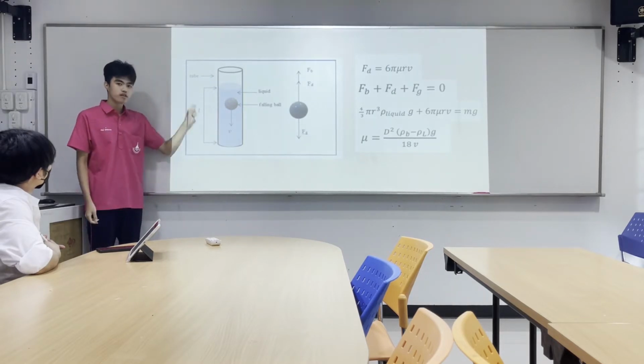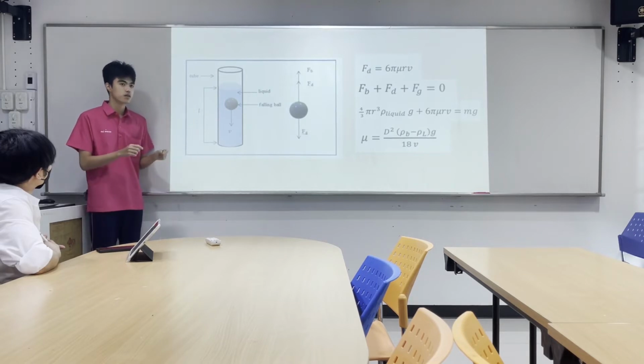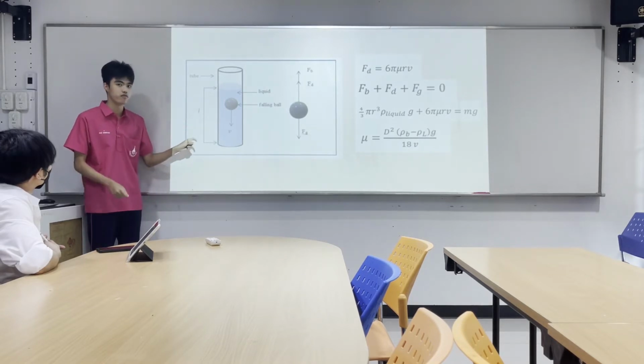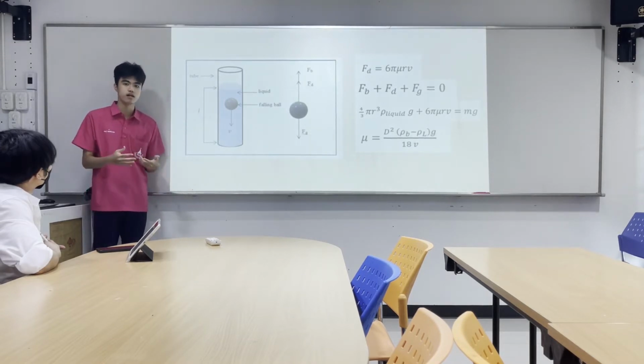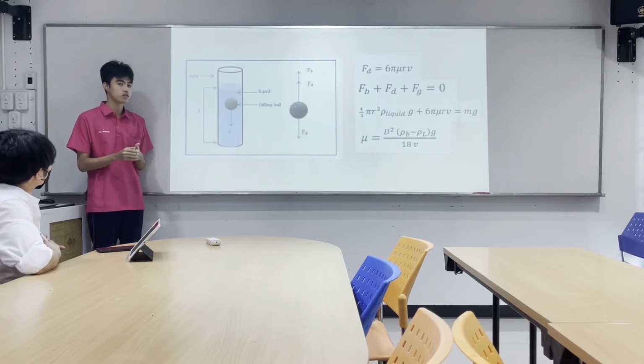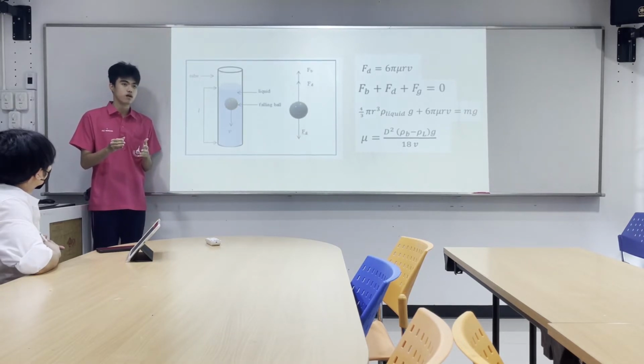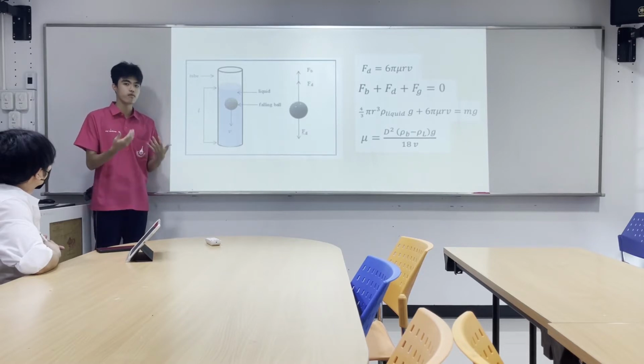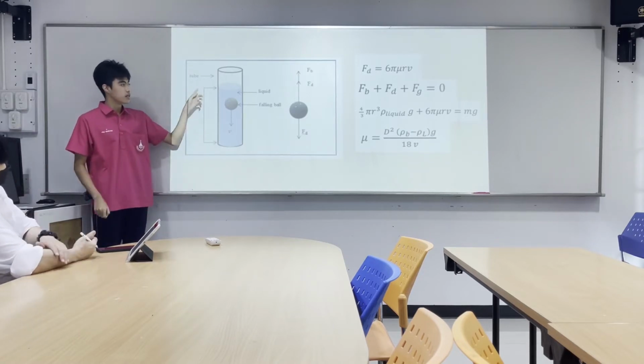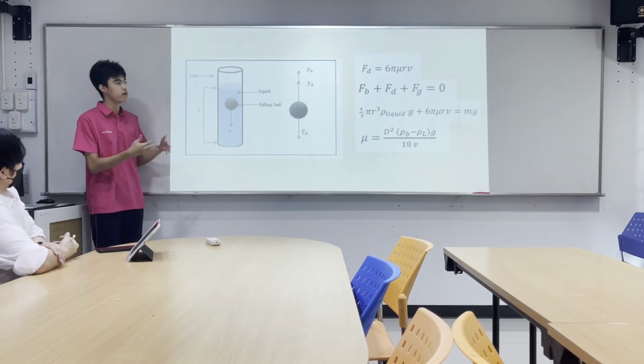When the ball falls down, it falls at constant velocity, right? When it falls with constant velocity, it means that the acceleration is 0. When it is 0, then there is no net force and no acceleration. So in that way, it is counted as the equilibrium state.